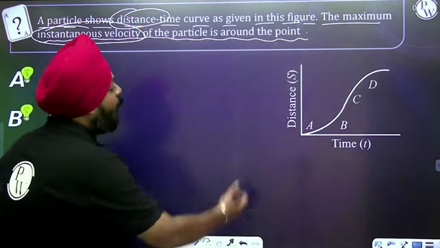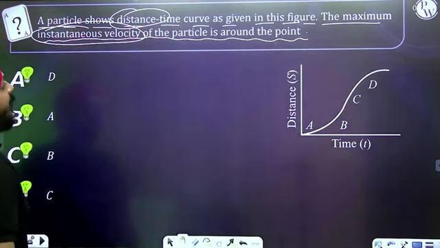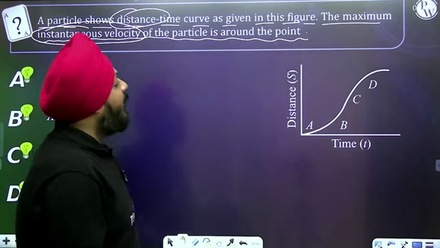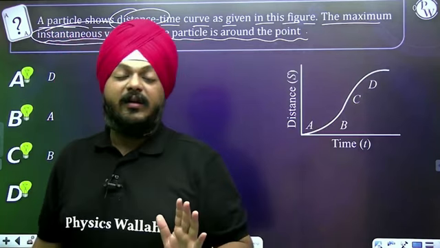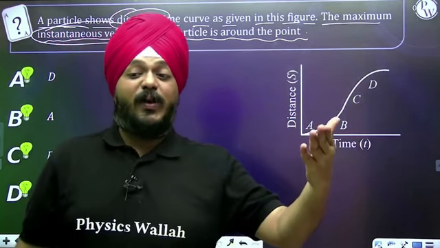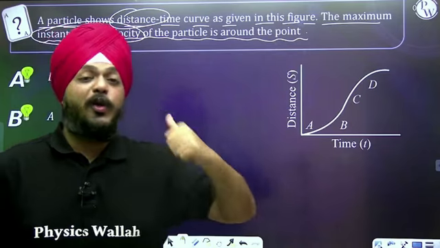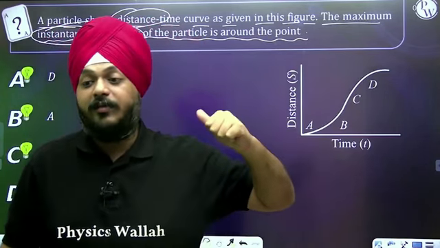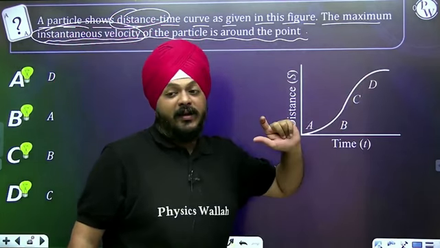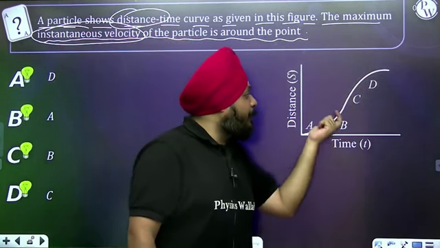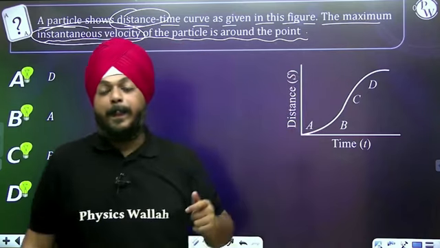Suppose I'm talking about point A. We want that point among A, B, C, D where the instantaneous velocity is maximum. I told you in the fundamentals of the graph, the graph is crossing through multiple points, but we have to analyze each point individually.